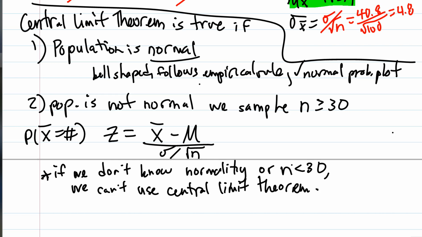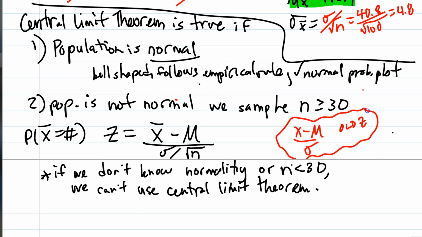What it also does is it changes our formula, and this is what we're going to be using in section 6.5: it changes our formula for z. Because for the z-score of a sampling distribution, remember, I'm not looking at an individual x, I'm looking at a mean here. So the probability that a mean equals a number will use that score, instead of x minus mu over sigma, which was our old z formula.